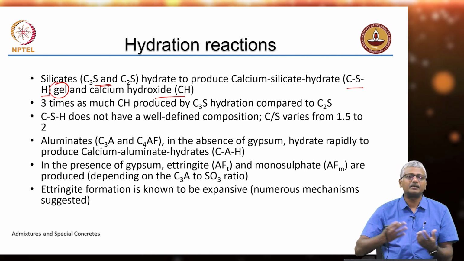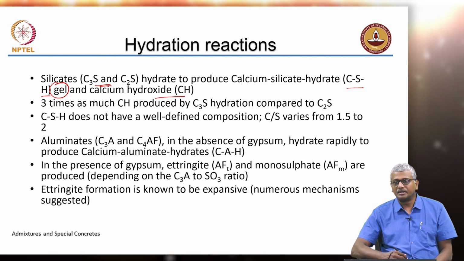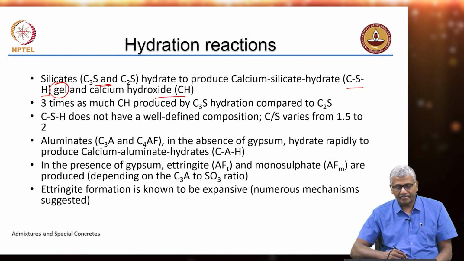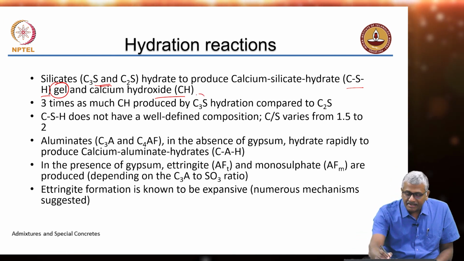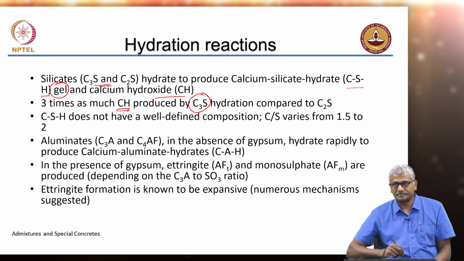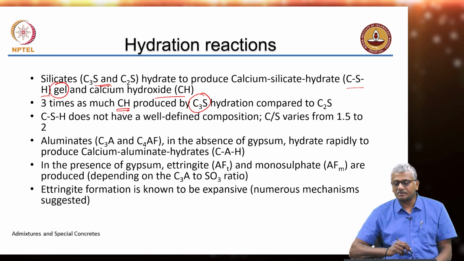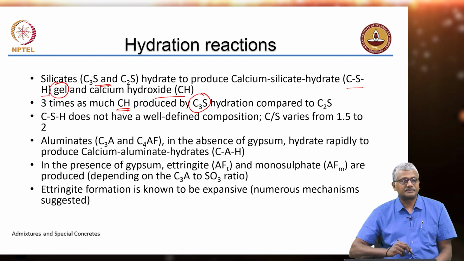Okay. Gel is basically a representation of a colloidal system, but more or less this is what the CSH structure is like. The more C3S that you have, the more calcium hydroxide you produce. So, 3 times as much calcium hydroxide is produced by C3S hydration compared to C2S.